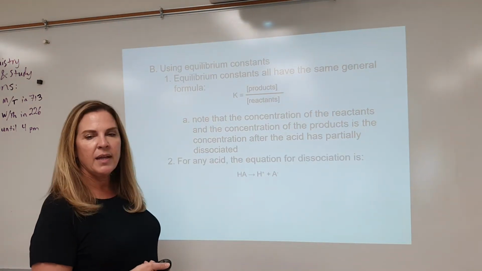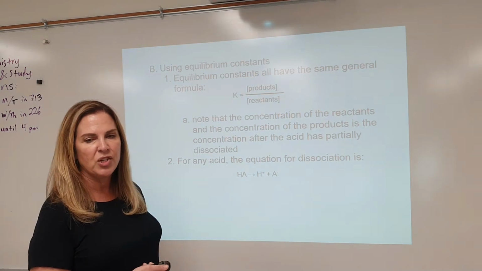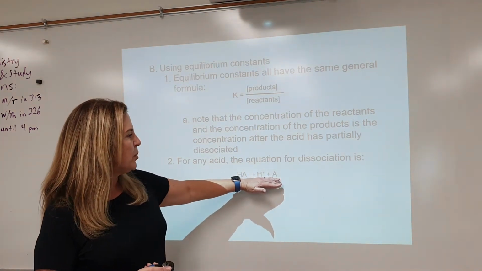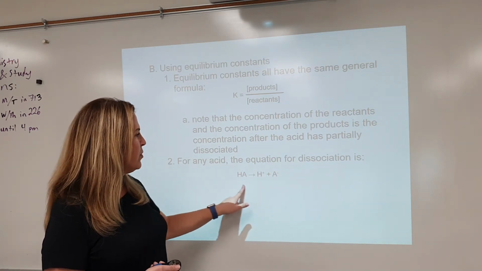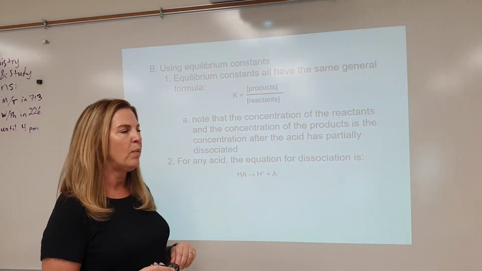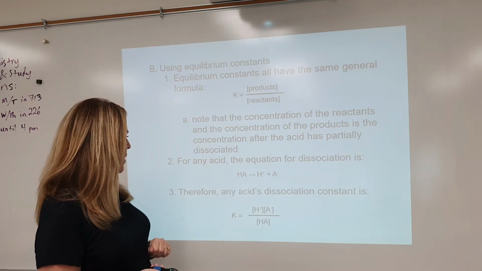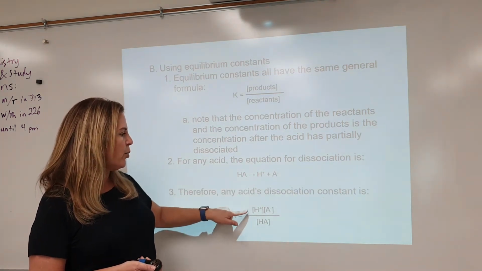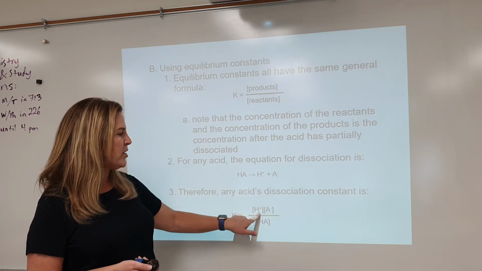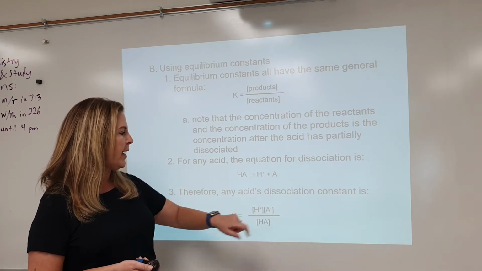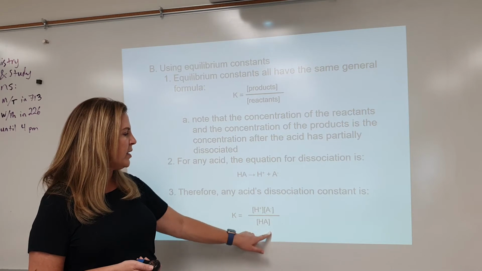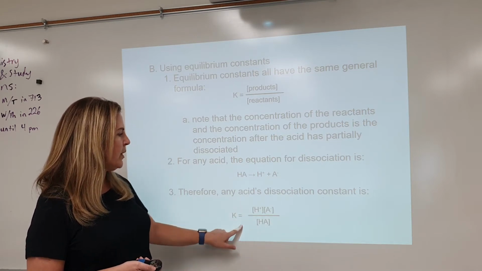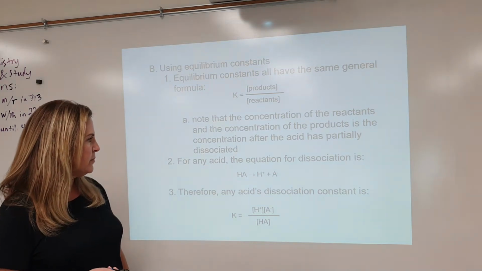For any acid, the equation for dissociation is HA goes to H+ and A-. This is a general form for a weak acid. So therefore, we take the concentration of our products, brackets around H+, brackets around our ion, divided by the concentration of our acid. This is how we will calculate our equilibrium constant.